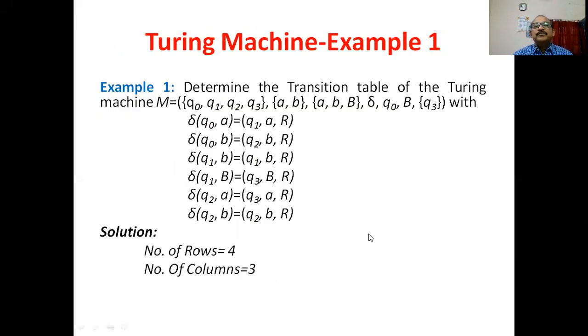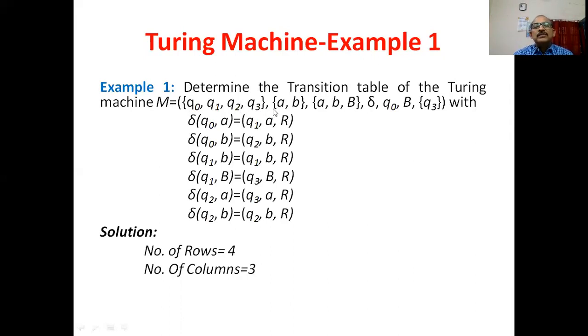Let us take an example. Suppose here you can see in this Turing machine there are 1, 2, 3, 4 states Q0, Q1, Q2, Q3. Means the number of rows equals 4.